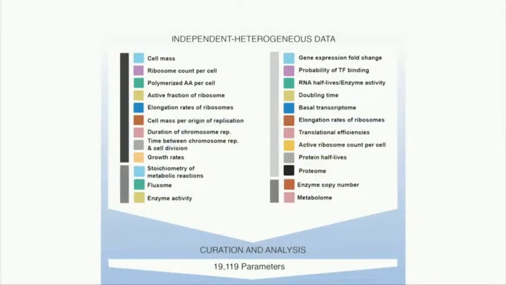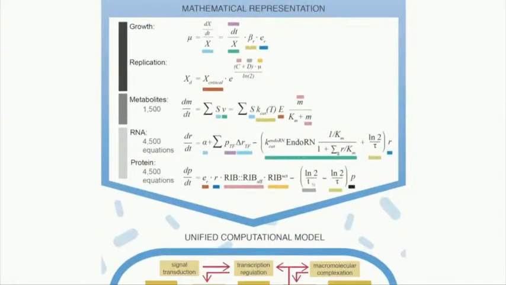In fact, his models, which incorporate all of the information shown here, include over 19,000 different parameters, which is an impressively sized model. There's exquisite representation of different mathematical representations of different parts of cell physiology, from growth to replication to metabolites, RNA, protein.